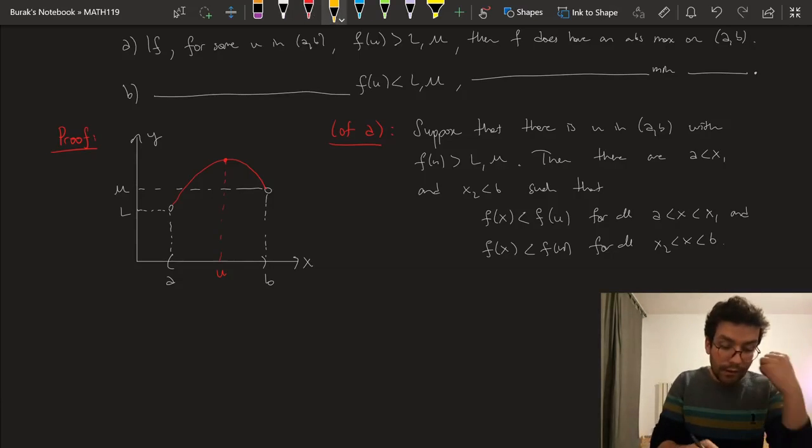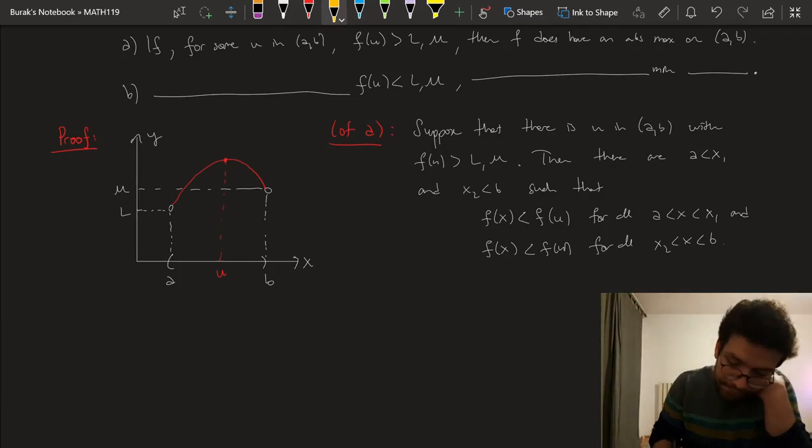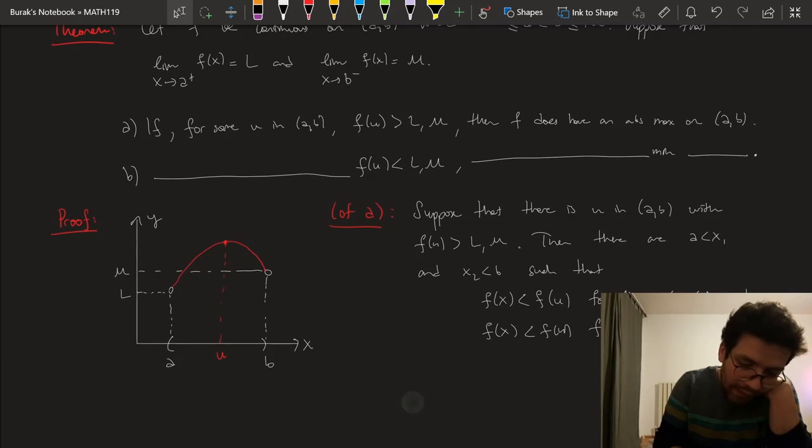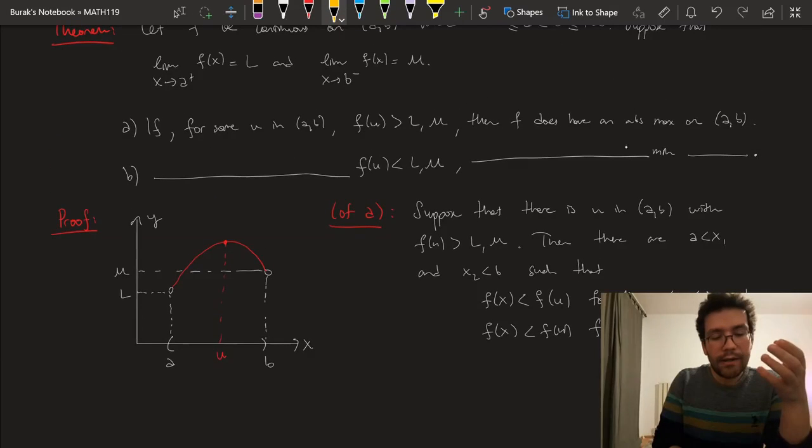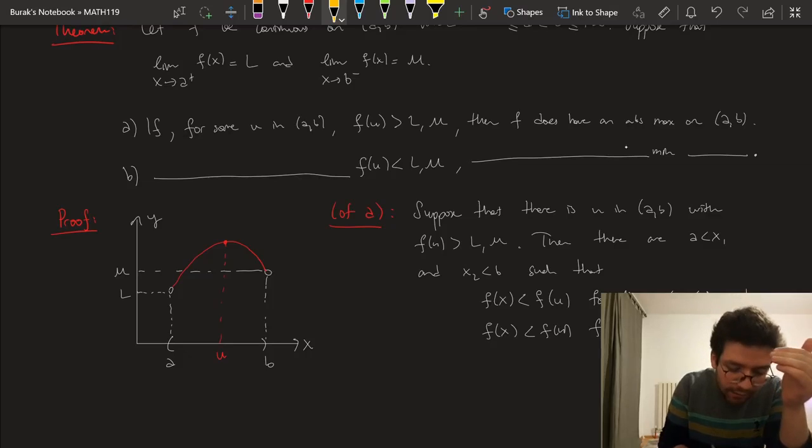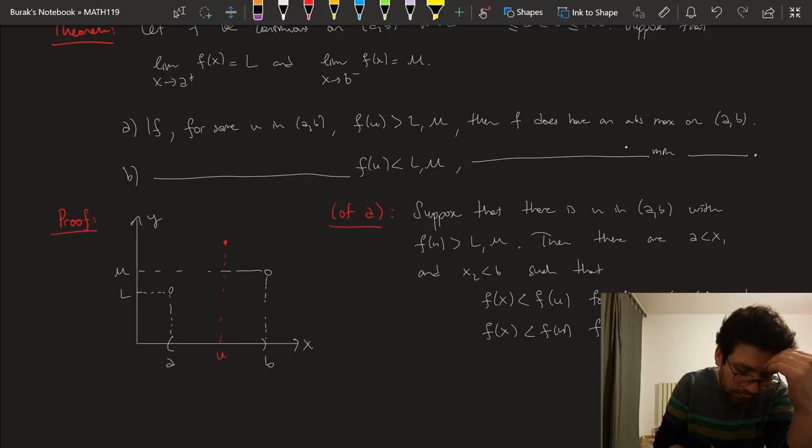By this assumption, when x approaches a, f(x) approaches L, and L is strictly less than f(u), which means that there will be some point. Maybe I shouldn't have drawn my graph like this. Let me draw some other graph.